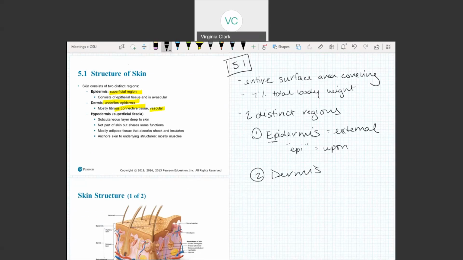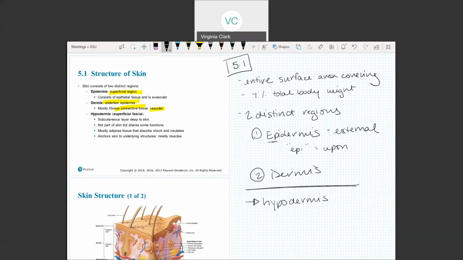Underneath both of these, it's not considered its own region, but there is another kind of joining, which is the hypodermis. This hypodermis is the connection between this dermal layer, which consists of our integumentary system, and our underlying tissue, connective tissue, joints, muscle, nerve tissue, blood, all that. So the hypodermis is kind of an in-between buffer.